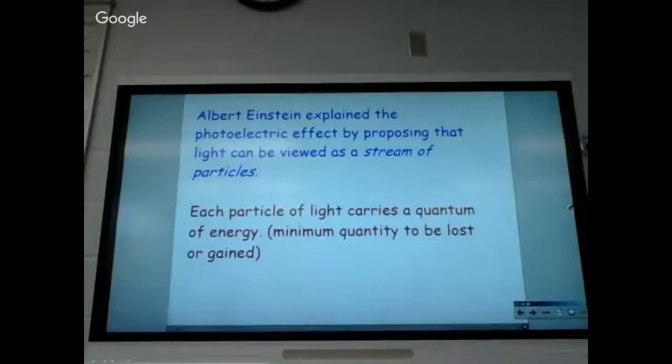Now, the next piece that was added by Albert Einstein. Einstein explained the photoelectric effect by proposing that light can be viewed as a stream of particles. This stream of particles carries a quantum of energy. We're going to give this stream a name in a minute. That's why I said I'm going to draw it with dots.